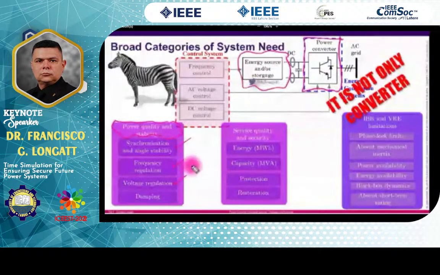And if you look at IEEE 1547, you can see that this is a capability already asked for from what we call smart inverters. Damping oscillation is a possibility that can be enabled in these power converters. In fact, some of the grid code requirements in the UK already establish some requirements for damping oscillations.